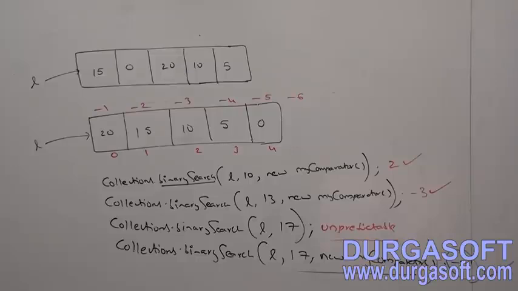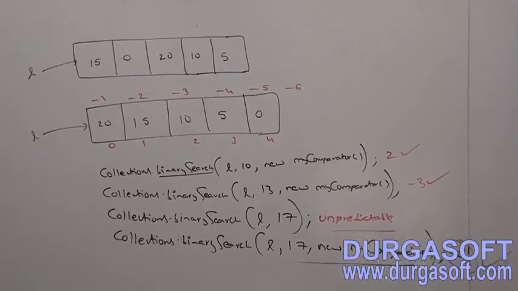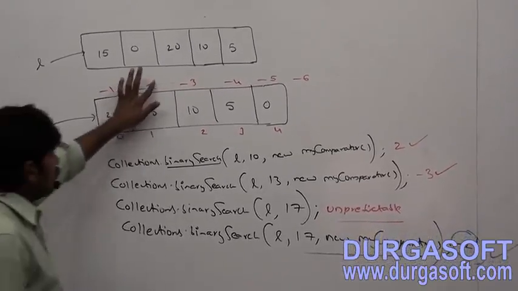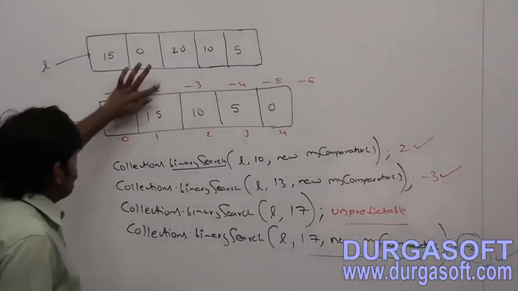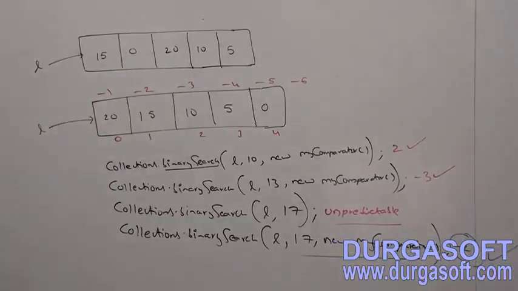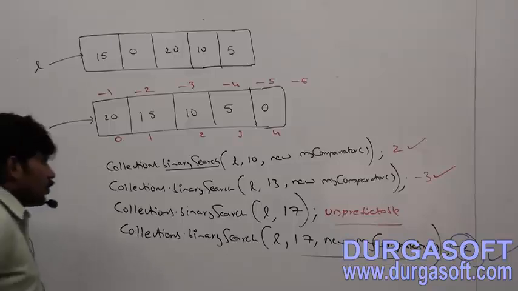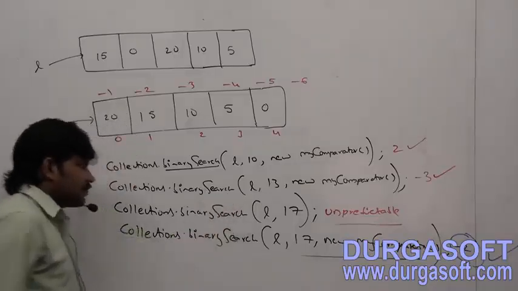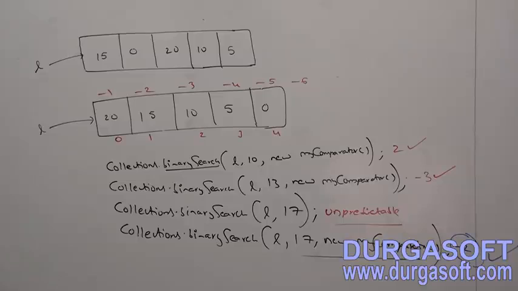Collections.binarySearch(L, 10, new MyComparator()), then L, 13, new MyComparator(). Collections.binarySearch(L, 17), the result will become unpredictable.